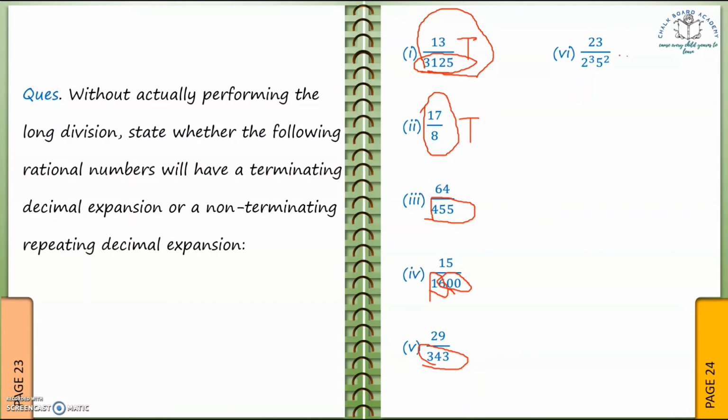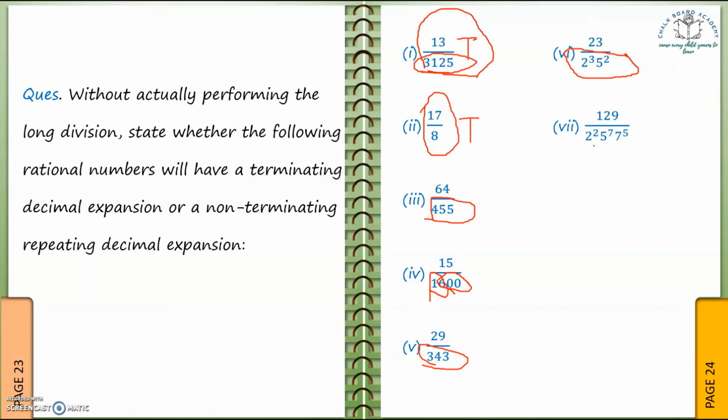Now the denominator here is actually the combination of 2 and 5, like 2 is multiplied 3 times and 5 is multiplied 2 times. So this results in a terminating decimal, because if we multiply numerator and denominator by 5, we will get 1000 as the denominator, so we can simply put the decimal directly. We need not even divide.